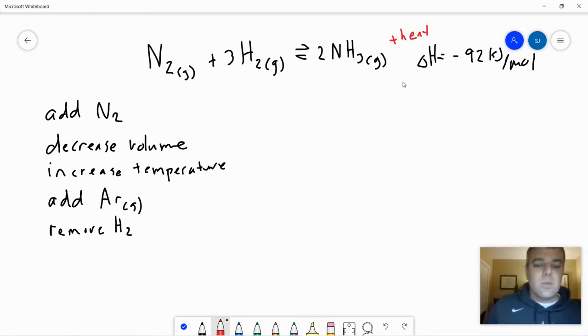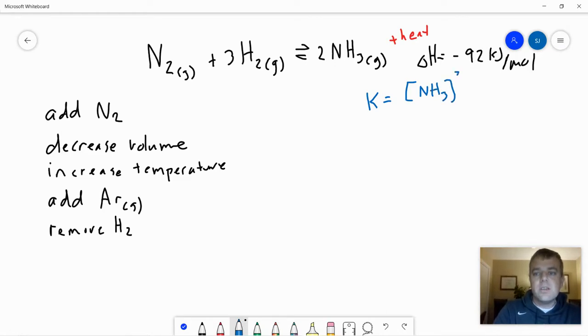So let's consider what would happen under the following scenarios. Let's say you add some nitrogen to the mixture at equilibrium. First of all, the equilibrium expression says that K equals the concentration of ammonia squared divided by the concentration of nitrogen times the concentration of hydrogen cubed.